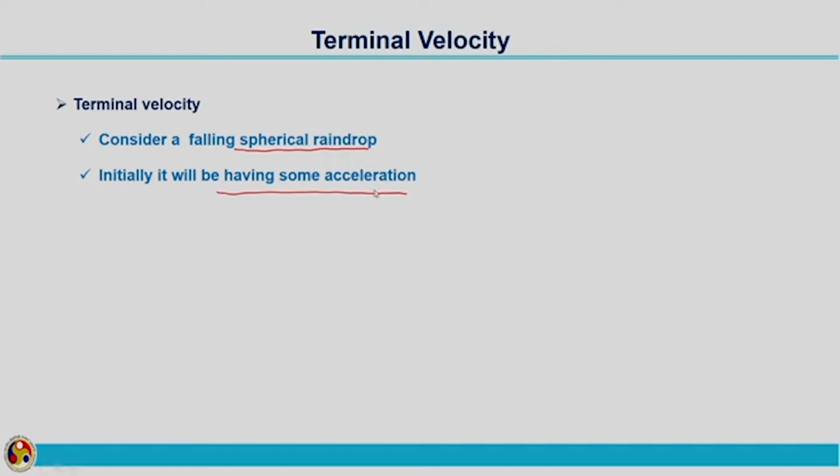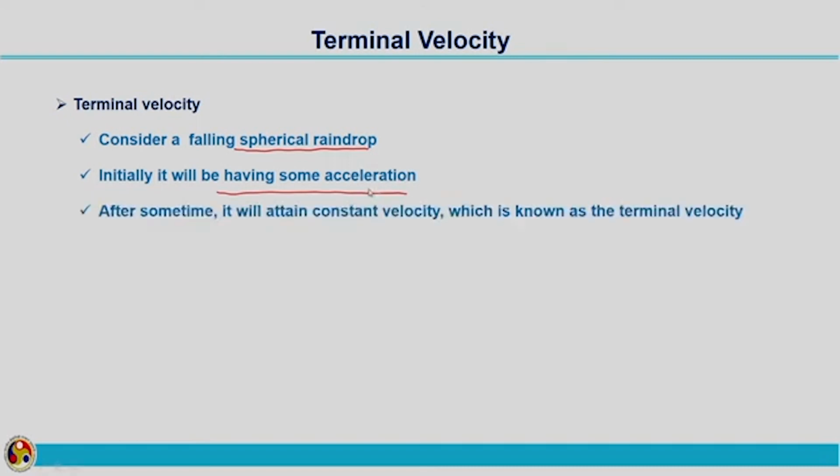After that, what will happen? It will attain a constant velocity, and that velocity is termed as terminal velocity. So, the constant velocity with which the raindrop is falling onto the ground from the atmosphere is termed as the terminal velocity.